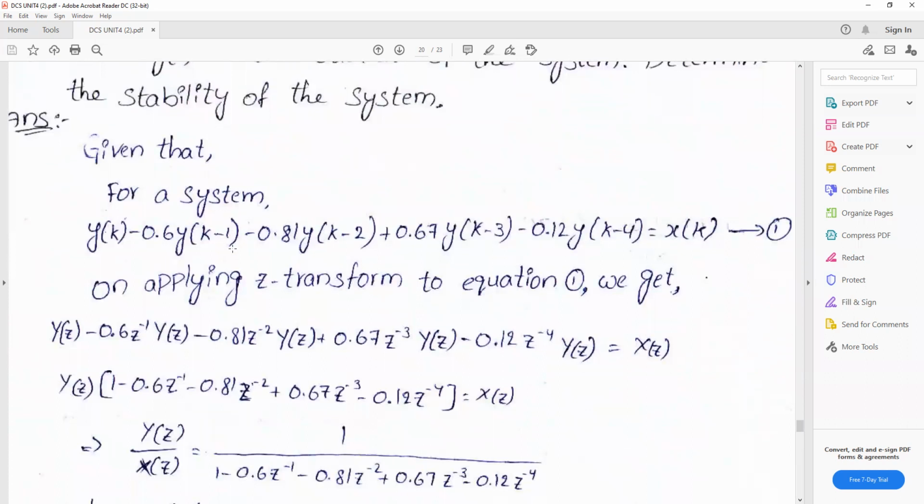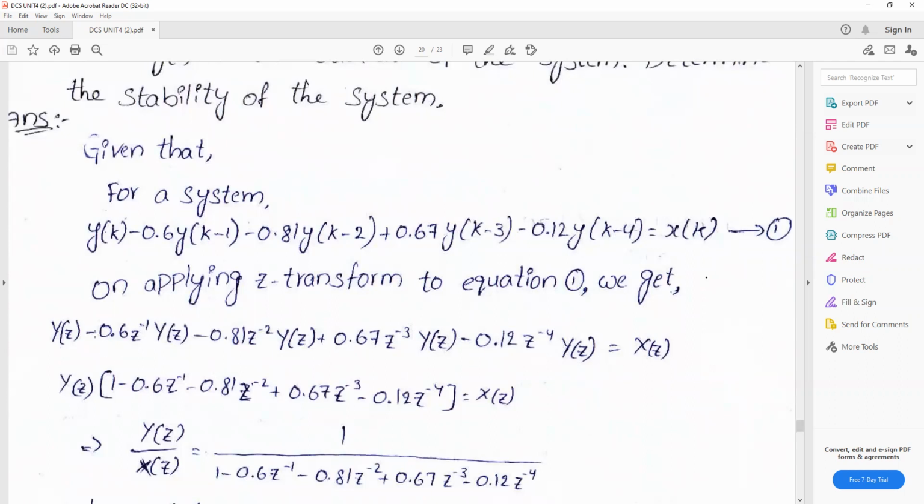First, apply the z transform. The z transform of y of k is y of z. Y of k minus 1 is z power minus 1 y of z. Y of k minus 2 is z power minus 2 y of z. Y of k minus 3 is z power minus 3 y of z. Y of k minus 4 is z power minus 4 y of z, equal to x of z.